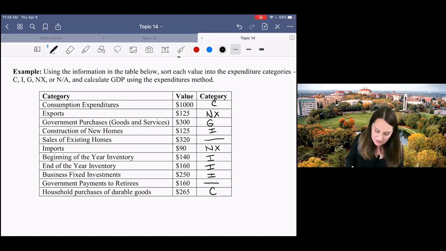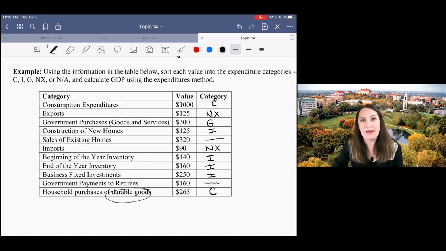And you'll notice here that we've broken out these durable goods, which is actually an important measure of what's going on in the economy unto itself. We look at durable good expenditures because it gives us some sense of consumer confidence. Durable goods are products that last a really long time, like a washing machine or a car or a refrigerator. So you only buy it once every 20 years, maybe.